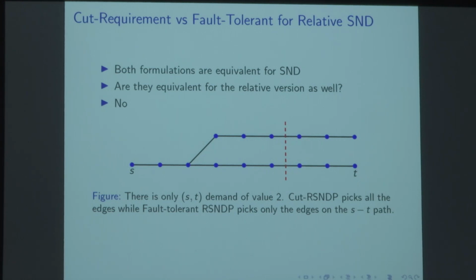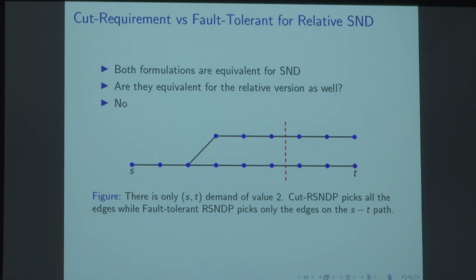Okay. So coming back to cut requirement versus fault tolerant view for relative SNDP, they are not equivalent, as opposed to the classical network design problems. To see an example, we have s and t, and s and t have a requirement of 2. All the other pairs of vertices have a requirement of 0. So basically, it's a single demand kind of thing.